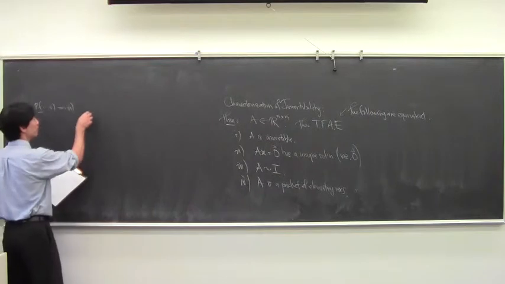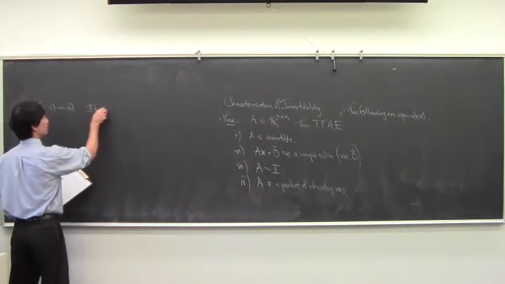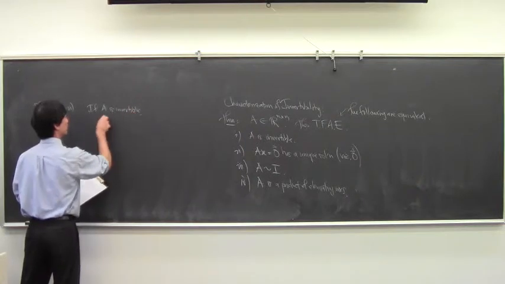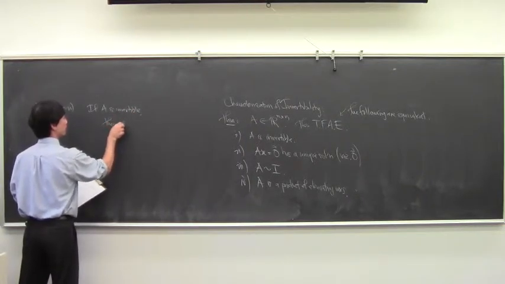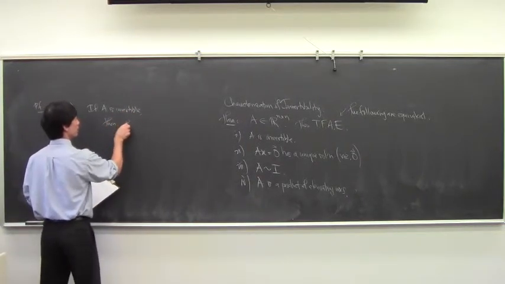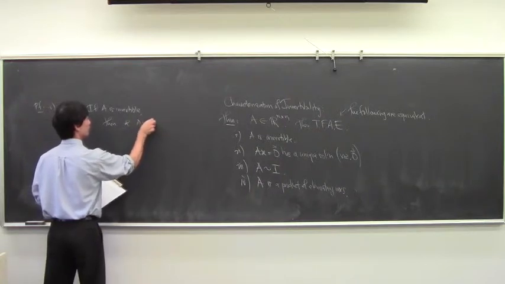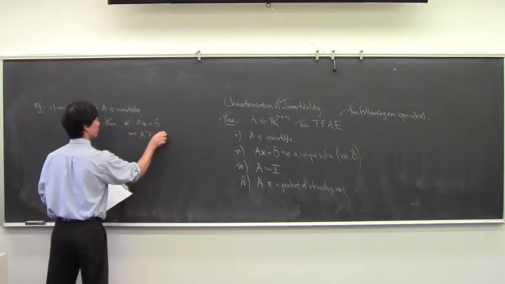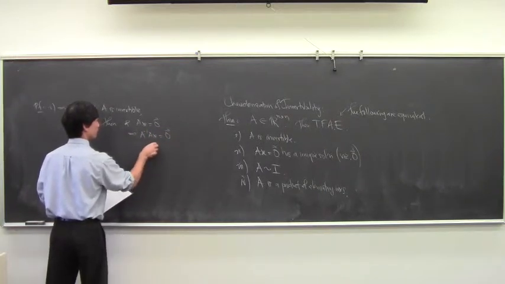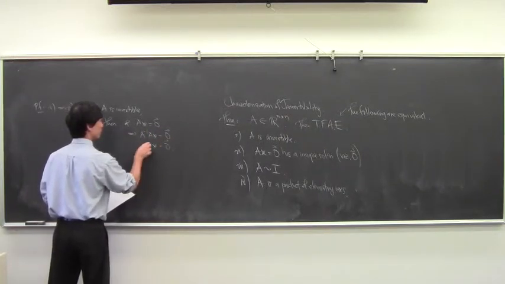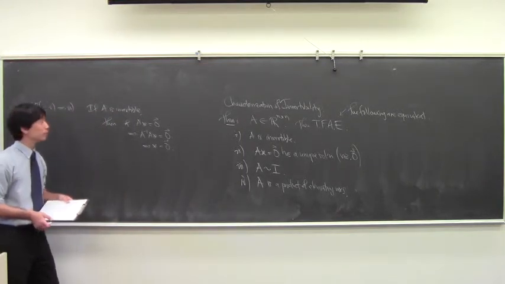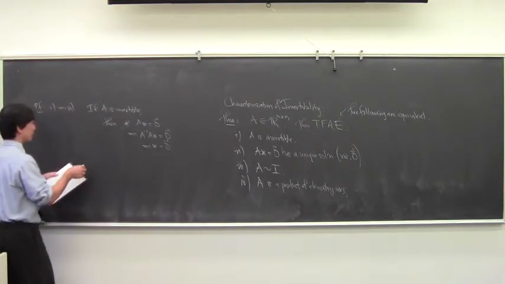If A is invertible, then if AX equals 0, you see that X equals 0. So you have a unique solution. So it's trivial, so obvious.